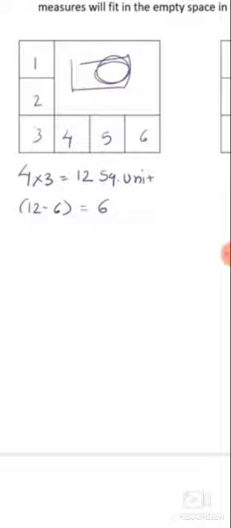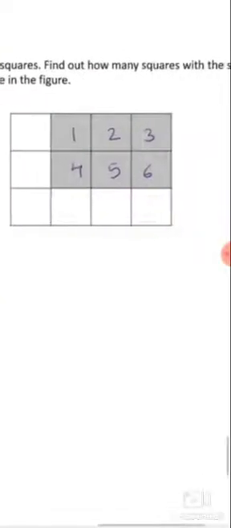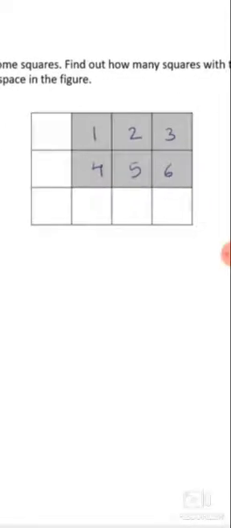So 12 minus 6, the answer is 6. The empty space contains 6 boxes. These 6 boxes can be filled in with pencil colors.